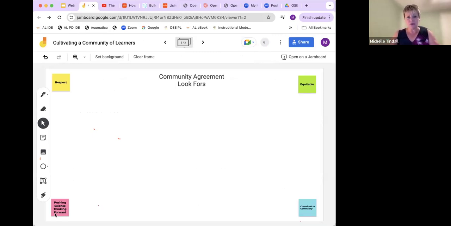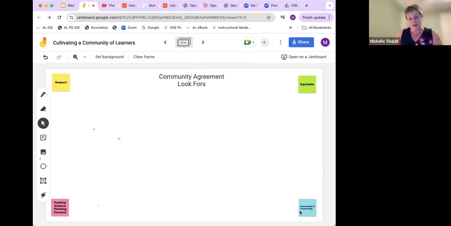Pushing our science thinking forward, these bottom two, the pink one and the blue one: how do we as a group push our science thinking forward? Like, what does it look like in our classroom if we're pushing our science thinking forward? And then what does it look like if we're committed to our community? In a teacher-directed classroom where the students are focusing on getting their grade, there's no need to be committed to the community.